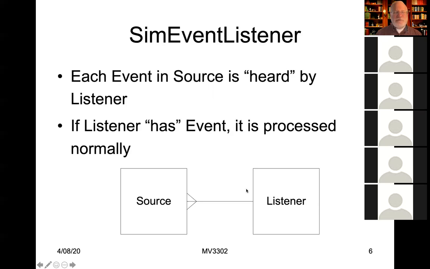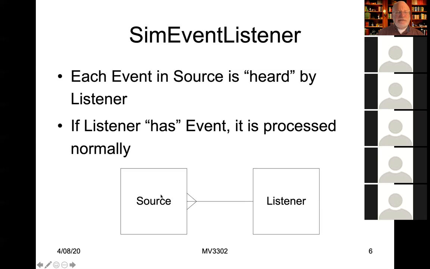This is roughly analogous to, if you remember, the source of an action listener was a JButton, and the listener was one of these action event listeners that we'd instantiated. So here, the source and the listener are actually both event graph components. And here's how it works. As the source event graph is processing, it's scheduling events, and these events are occurring.